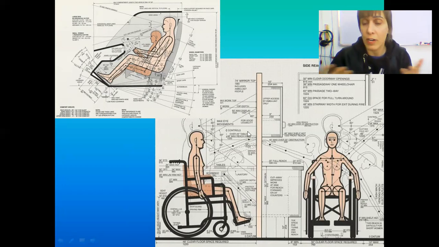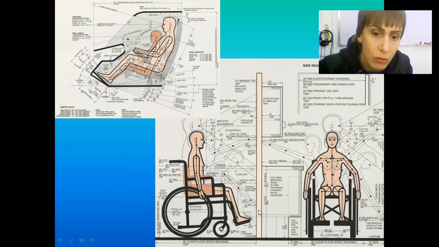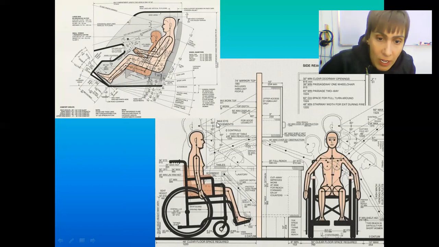So again, everything is related to what you're designing and for whom you are designing. This is, for example, if you're designing for handicapped people with certain physical limitations. So you need to take this into consideration in your design. How much can this person inside this chair reach the hand up, for example?